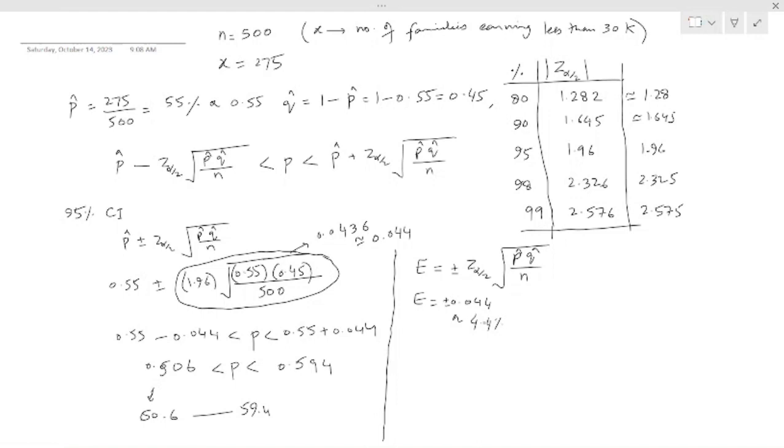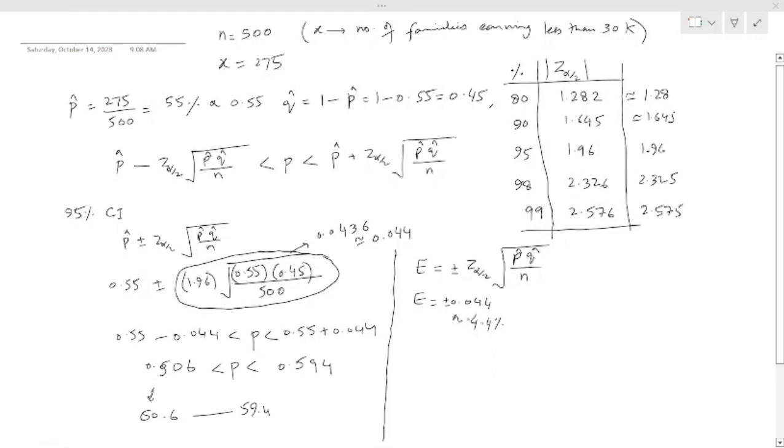We have interpreted this answer in the same way as we interpreted the margin of error in estimation in the case of population mean. Over there, we used the words mean income or mean earning. Over here, we are using the words percentage of families, because the scope of using proportion is to determine percentage.